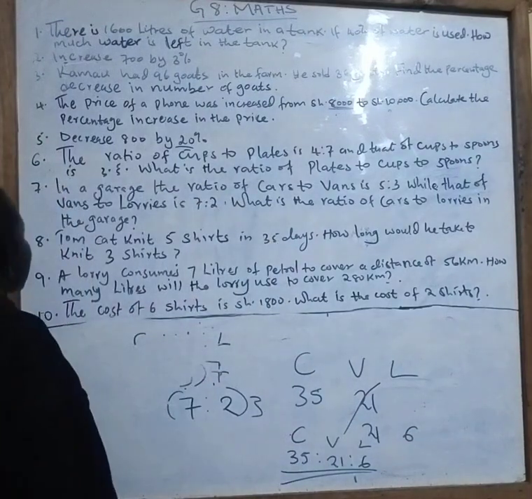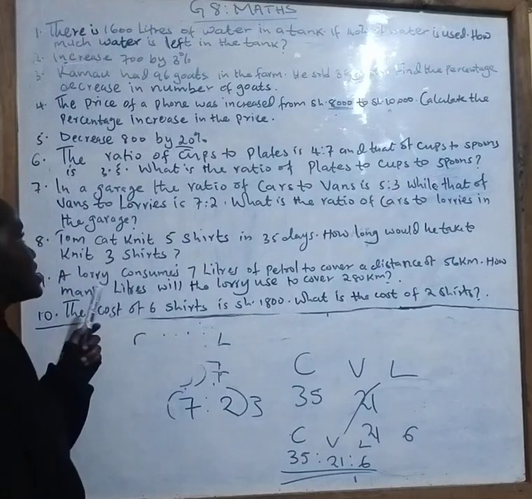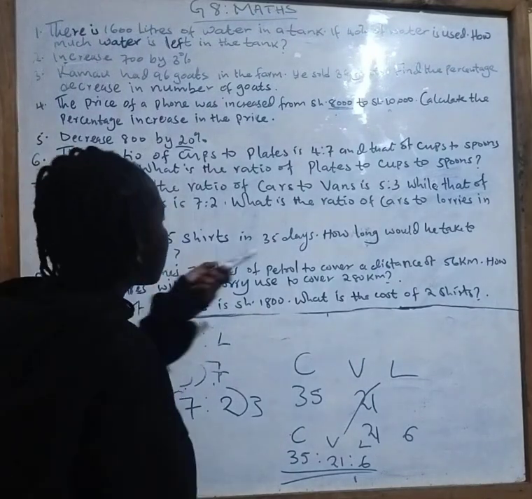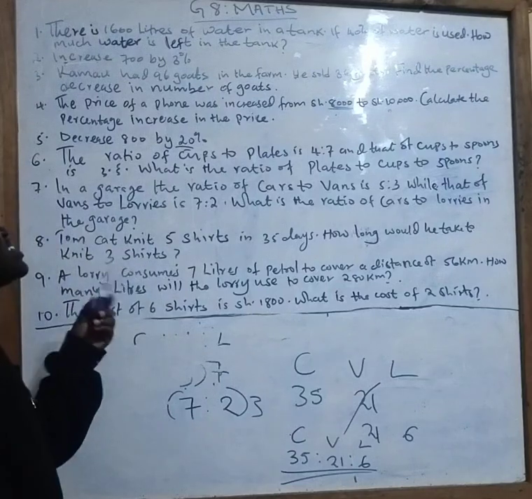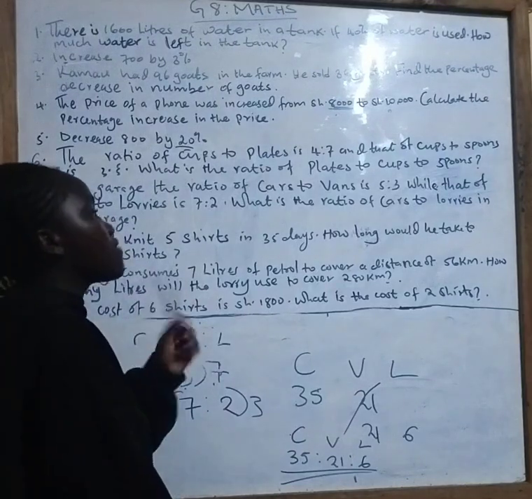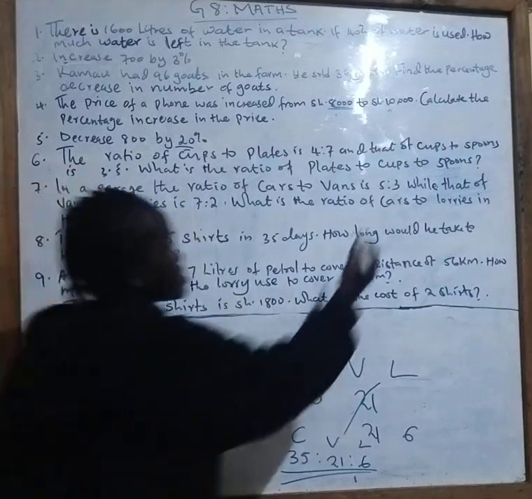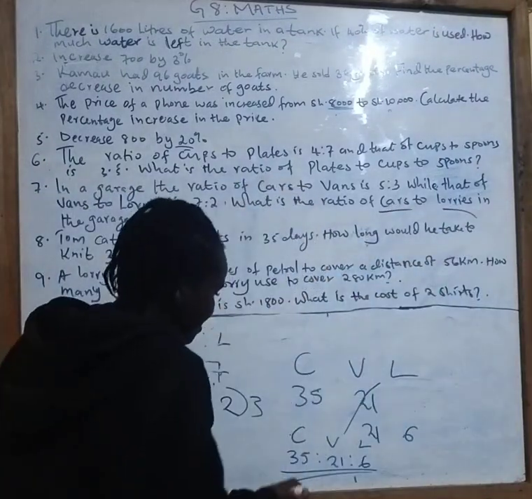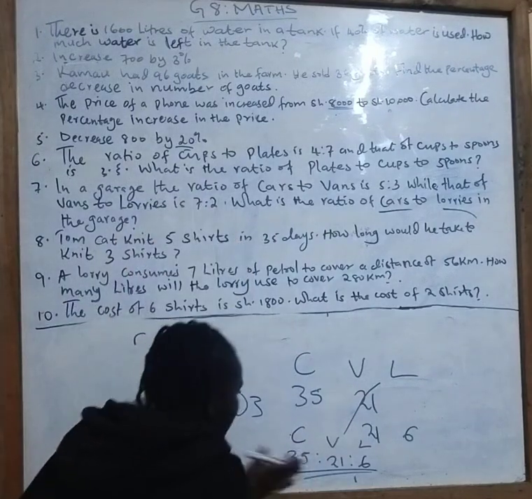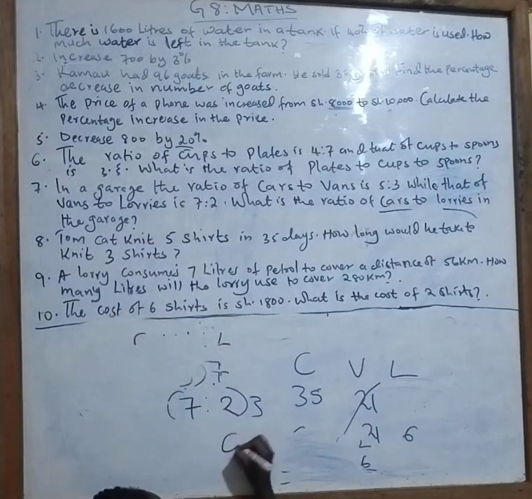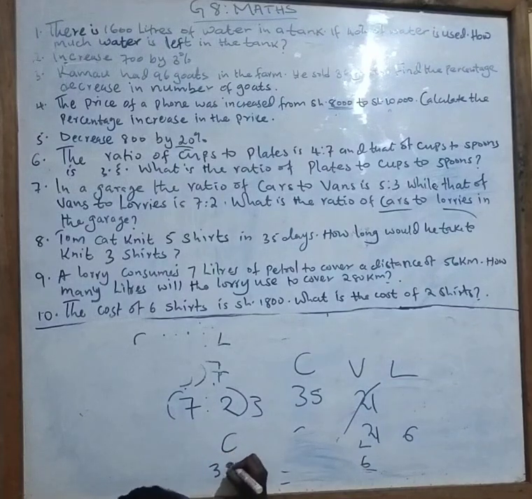What is the ratio of cars to lorries in the garage? Now, cars to lorries. Cars is 35, and lorries is 6. My final answer is 35 to 6.